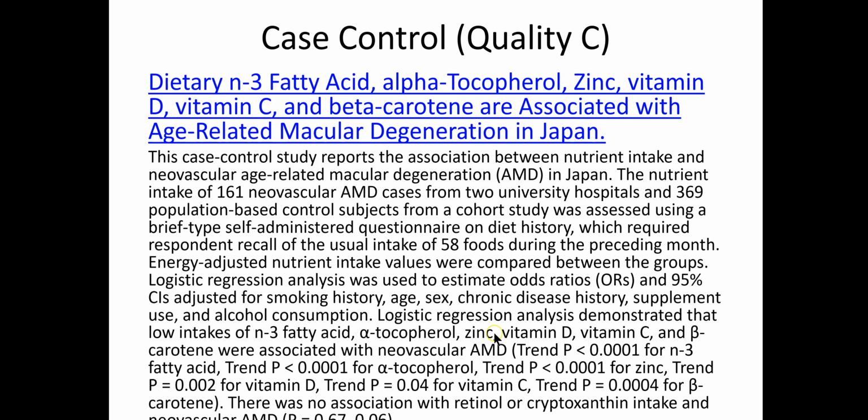We'll get to that. And they found no association of cryptoxanthin intake and AMD. They did find that zinc and these other various things, vitamin B, were associated with AMD. And so they found some evidence with that.